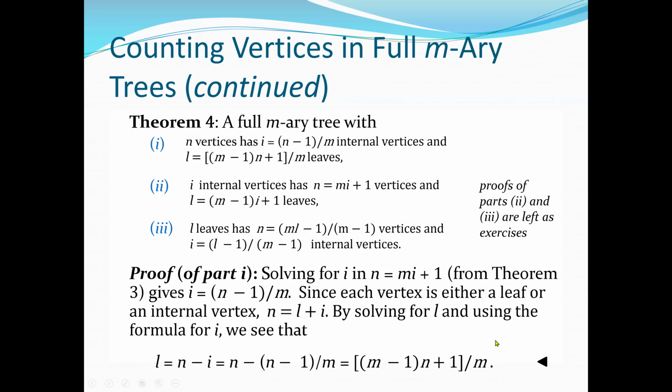Now by solving for L and using the formula for i, we see that L will give us n minus i, which will give us n minus (n minus 1) divided by m. And that will give us ((m minus 1) times n plus 1) divided by m.